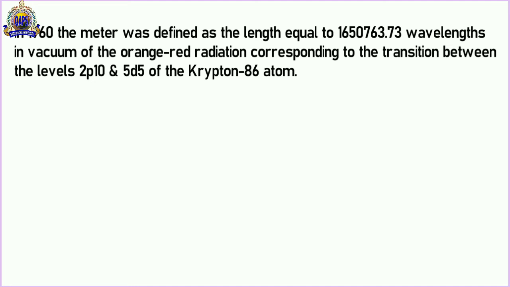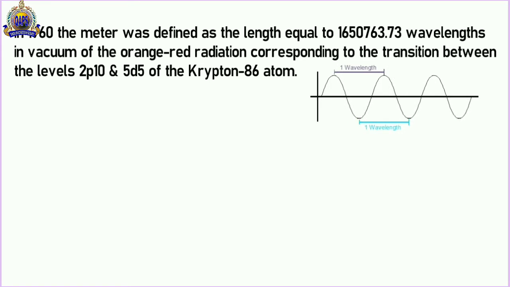Now what is the atomic standard? We have the krypton-86 atom, and it was fixed how many wavelengths were covered. Okay, so now we will talk about wavelength first, that what the wavelength is.